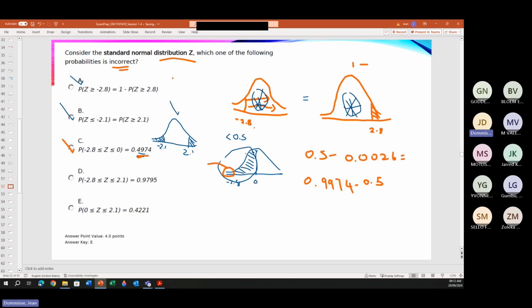Okay, so again, just showing with the negative Z table and the positive Z table, you can both work out to get to the same answer. You have access to both.